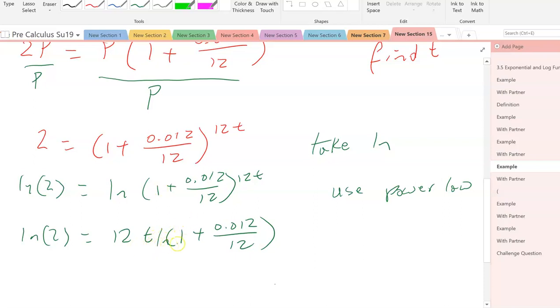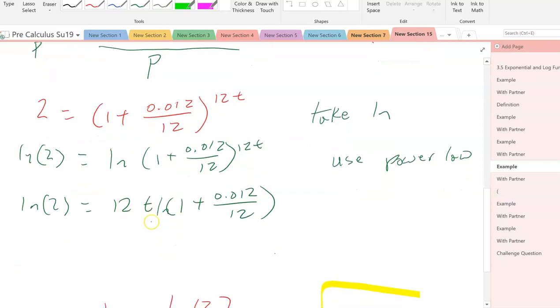And then what we can do lastly is divide through by everything except your t. So your t will be equal to ln of 2 all over 12 times ln of 1 plus 0.012 over 12. So that's it for your workings.